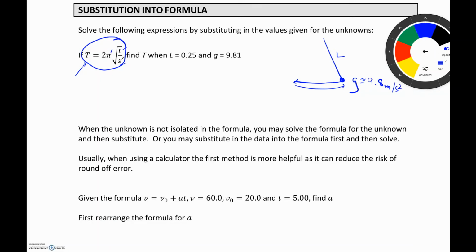So we're being asked to find the t value when L is 0.25. This is actually in meters, and G is 9.81 meters per second squared.